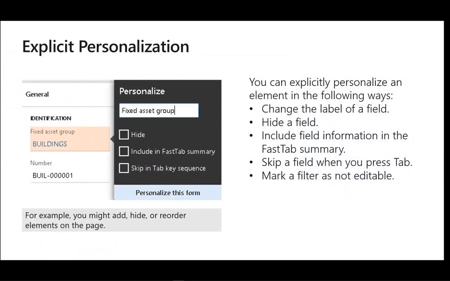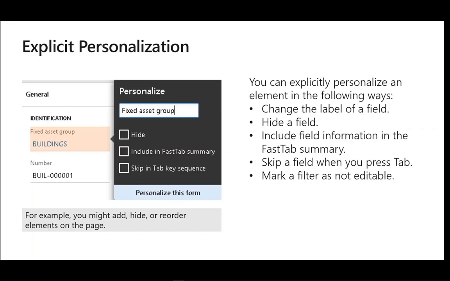The most basic type of explicit personalization is available by right-clicking an element and then selecting Personalize. Note that not all the elements on our page can be personalized. When we use this method, a property window appears.